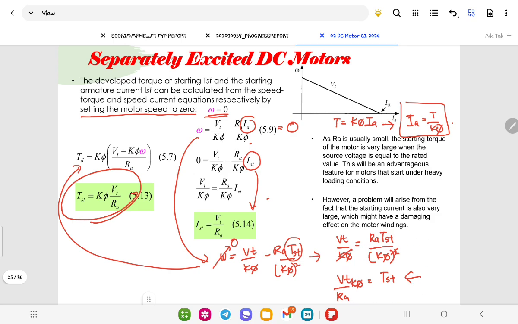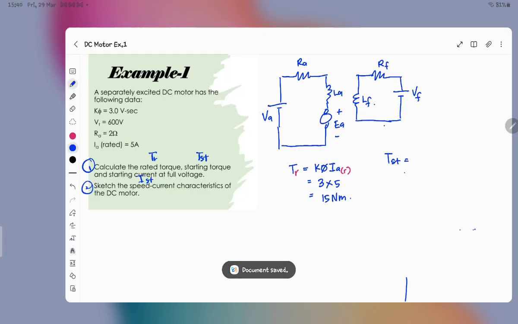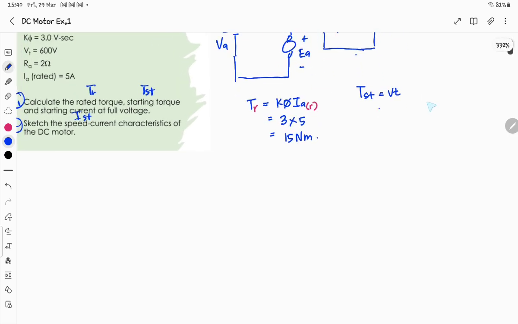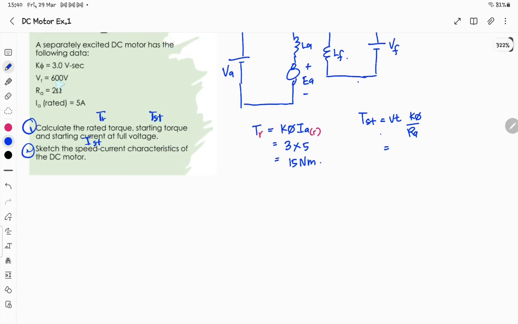You need to use this equation to calculate your starting torque. Let's go back to the solutions. Your TST is VT kV over RA, so just put in the values: 600 times kV of 3 over RA of 2 ohm. So the starting torque is 900 Newton meter.